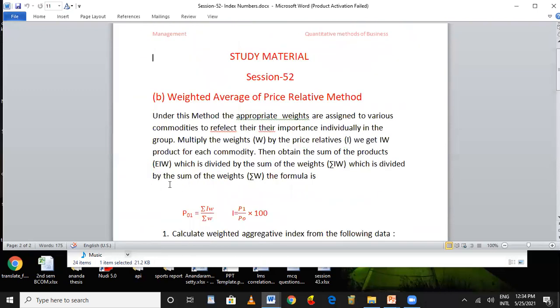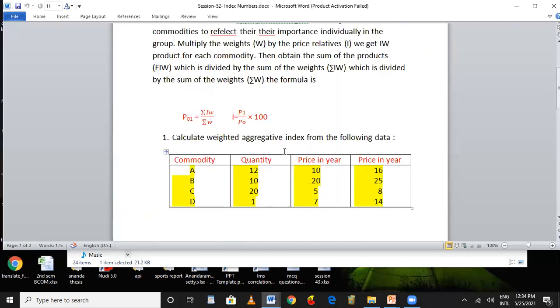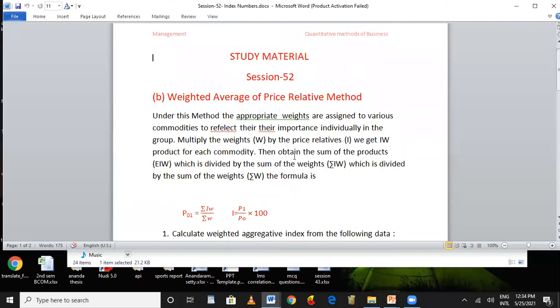But the theory says that individual importance has been given for the four products. Now what we have calculated is the index number, and this index number is on the basis of the quantities. It is accurate according to the weighted average of price relatives method.